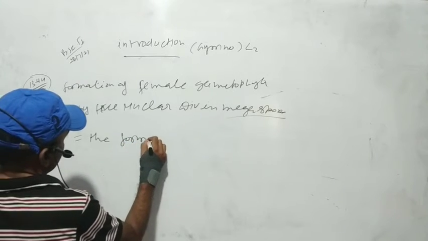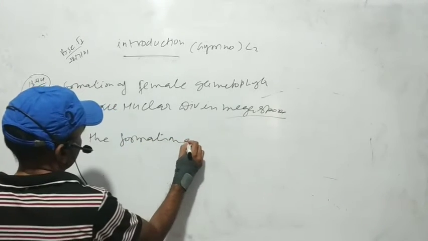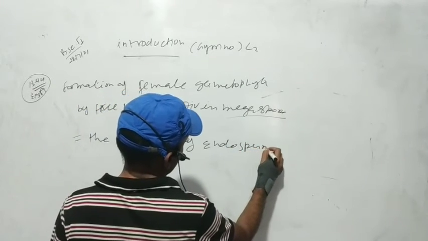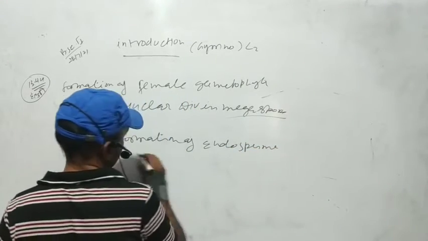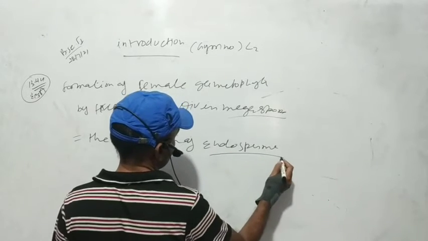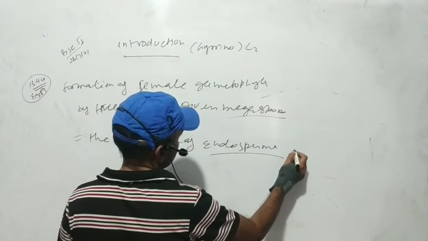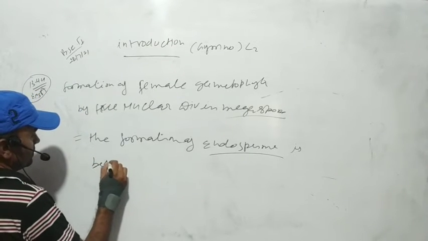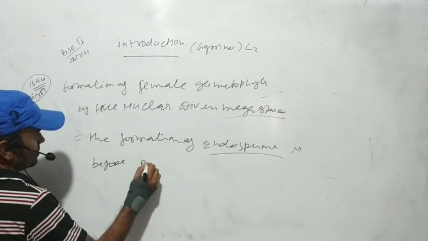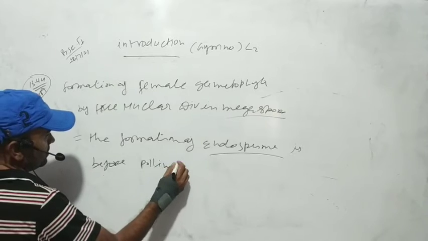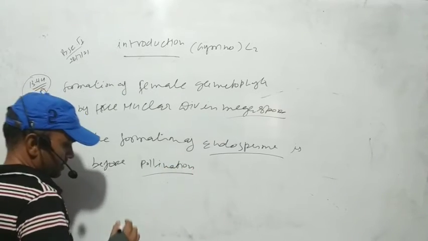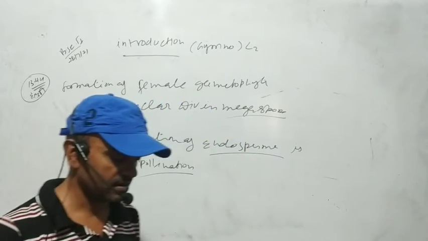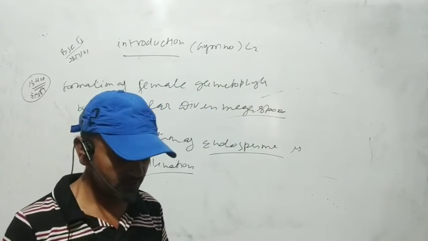Now next, the most special character is the formation of endosperm. This is a most valuable question: endosperm formation occurs before pollination. I told you in previous classes about the formation of endosperm.